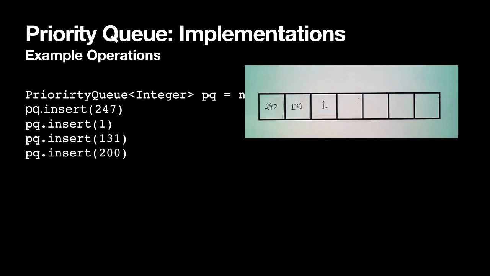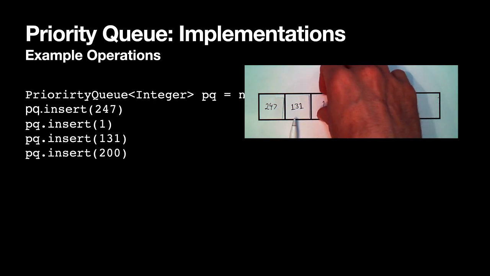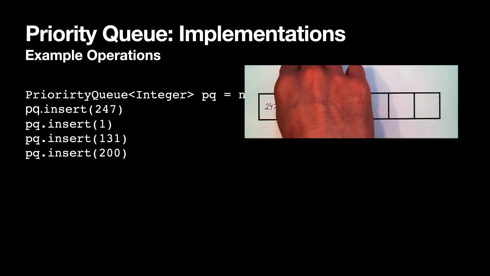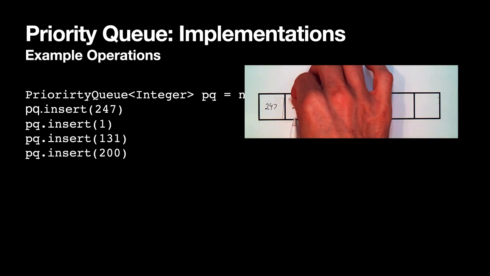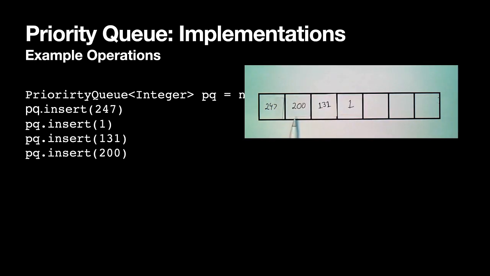Repeating the process, we'll insert a 200. We'll start at the beginning, identify that 200 comes after 247, get to 131, and 200 comes before 131. We'll go ahead and shift everything after the 131 over, and we'll insert 200. And we'll move on to our next operation.